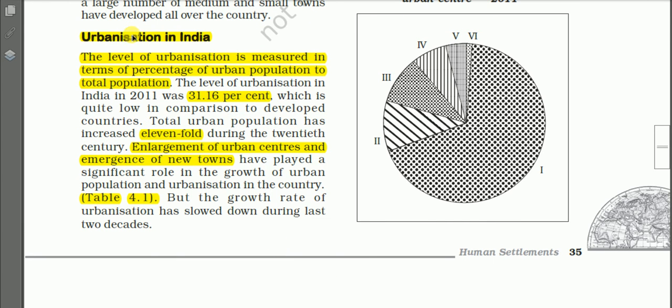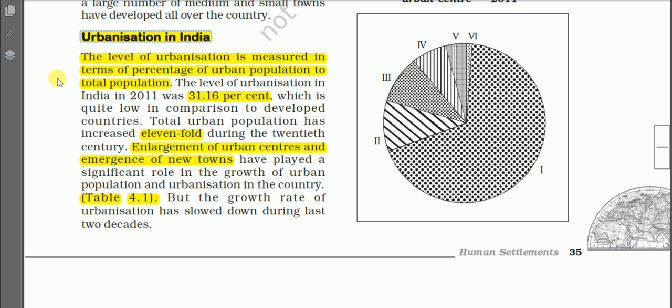Next, we have urbanization in India. Urbanization is a process of turning rural areas into urban areas. This is the simplest meaning of urbanization.